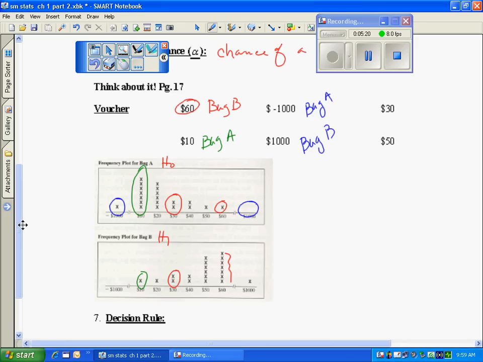But if you handed me the bag and told me this is bag A, and I reached in and got a $30, I have no reason to doubt you, so I would probably go with the null, although the data does not support it 100%. We always assume the null is true. And if my evidence isn't supportive enough, I have to go with the null. And the $50 voucher, looking here, it would most likely support bag B.